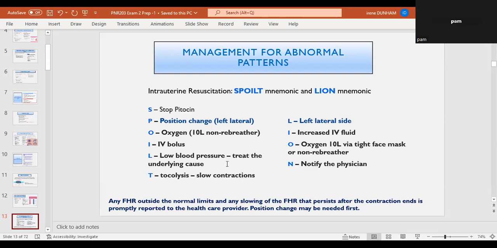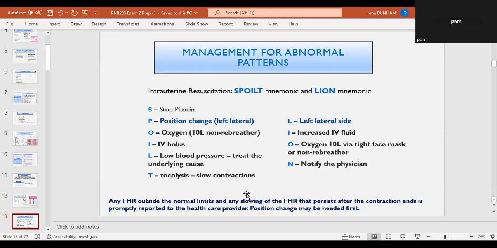What happens is that anytime the fetal heart rate is outside the normal limits, remember I said the normal limits are 110 to 160, and any slowing of the fetal heart rate that persists after the contraction ends is called a late. That has to be reported to the healthcare provider. So if a patient comes in and the fetal heart rate is outside the normal limits, either bradycardia or tachycardia, I'm calling a doctor.